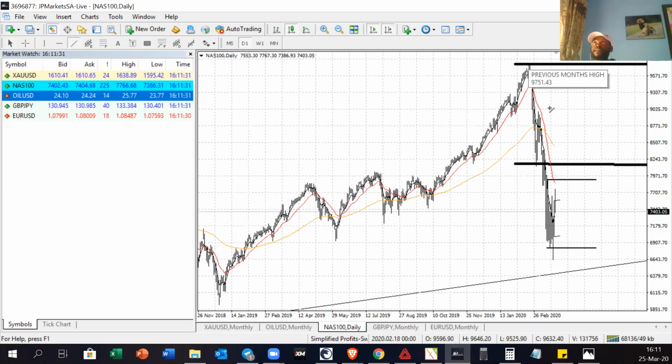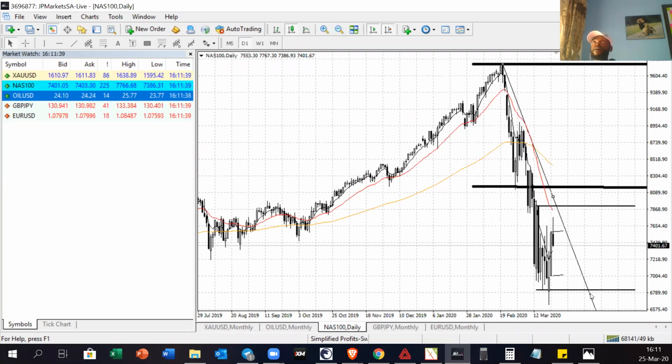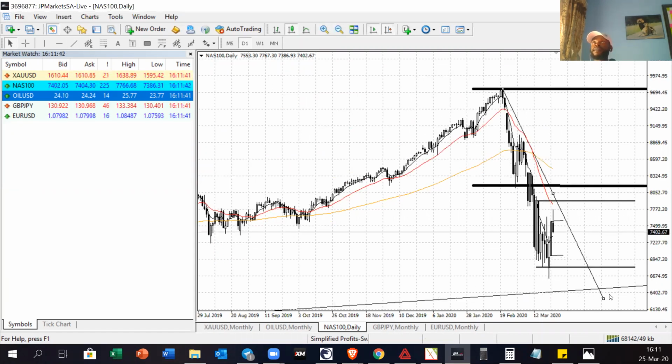I'm going to go ahead and identify this long downtrend. Well, it wasn't long, but you know, it's there. Go ahead and do that. And if the price breaks this line, the downtrend is over.